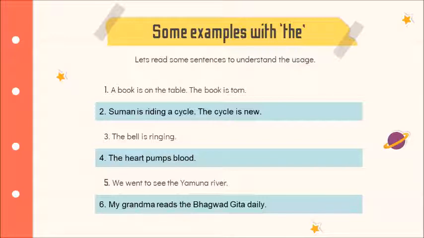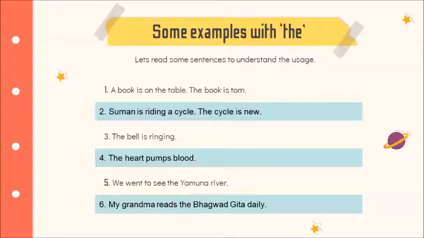Now let's go to sentence number 5. We went to see the Yamuna River. I put the before rivers, famous buildings and famous books, as said in Rule 3.